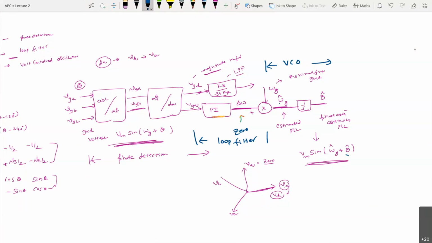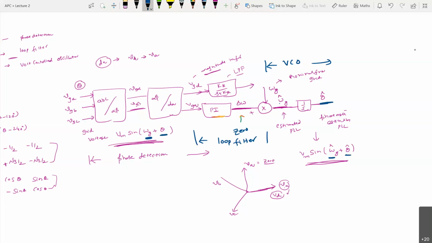So this theta is the estimated phase angle of the PLL, and this is the actual phase angle of the grid. This is the omega of the grid, whereas this is the one estimated by the PLL.